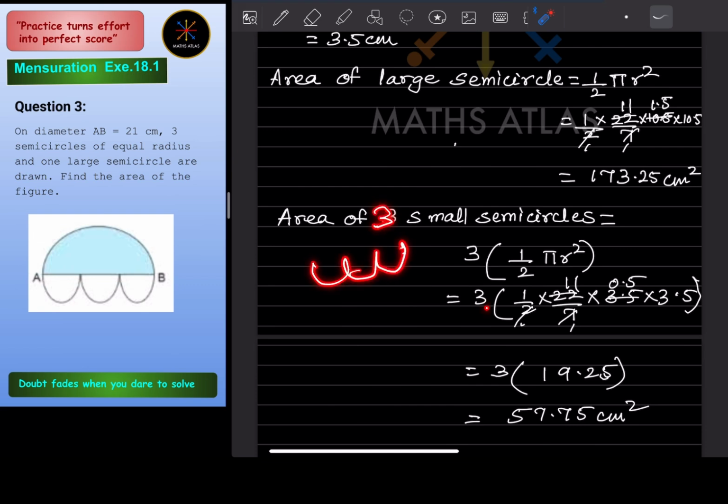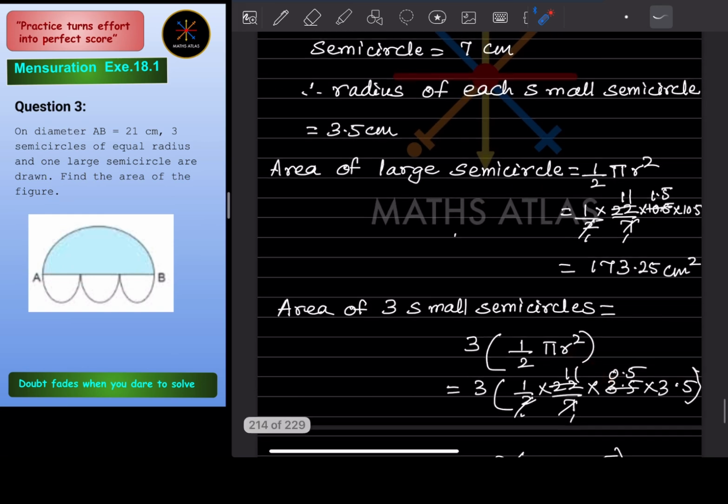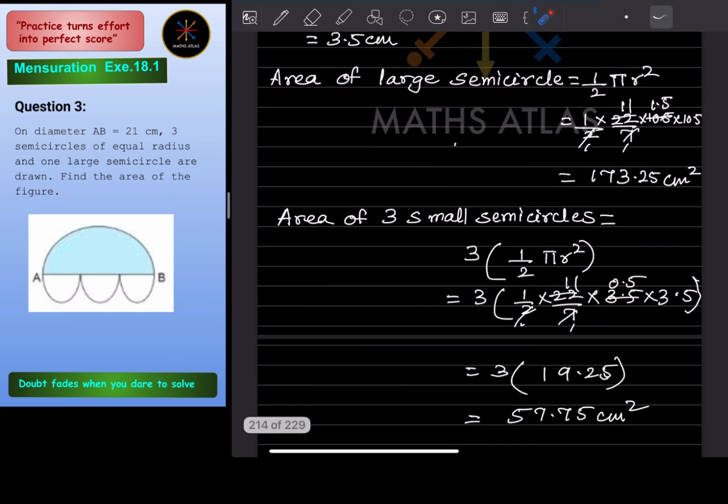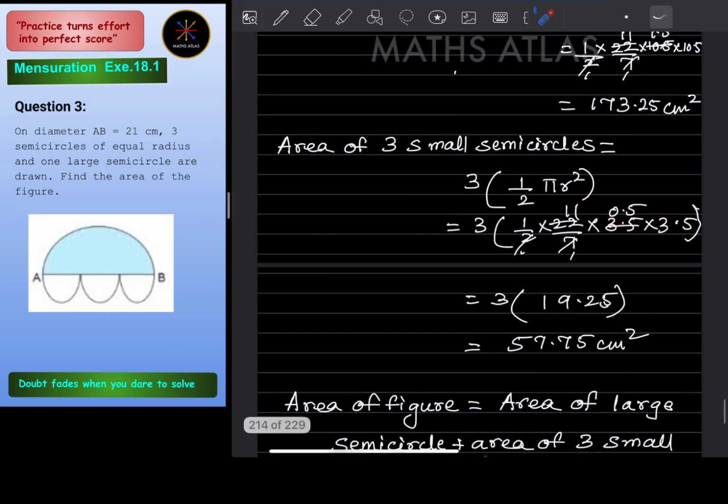So here we can say 3 into 1 by 2, 22 by 7, and the radius of the small semicircle is 3.5. So 3.5 into 3.5. After simplifying this we get 19.25, and 3 is as it is. So this into this is going to be 57.75 centimeters square.